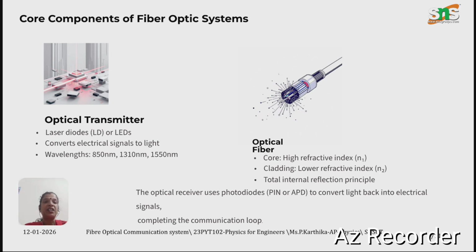The optical receiver uses photodiodes. At the receiver end we have photodiodes, either PIN or avalanche photodiodes, that convert the light back into electrical signals, completing the communication loop. So we have the transmitter, in between the optical fiber, and finally the receiver end.